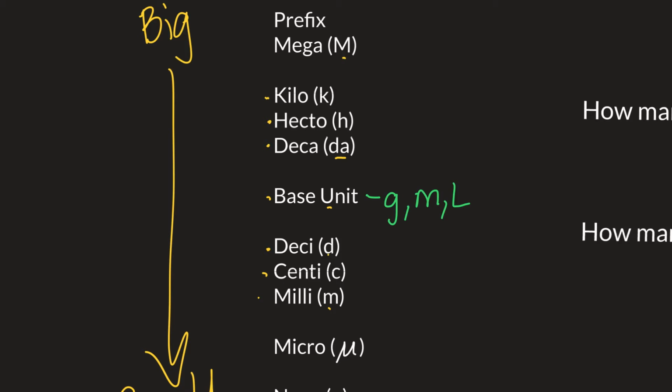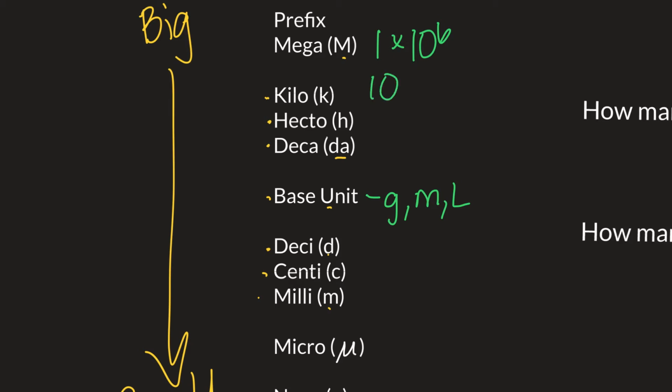So a mega is worth 1,000,000. Now, you will see I often write 1,000,000 like that because I don't want to punch in 6 zeros in my calculator. What if I punch in only 5 zeros and then my math's all wrong? So I will often plug in 1,000,000 as 1 times 10 to the 6th in my calculator so I don't make a mistake.